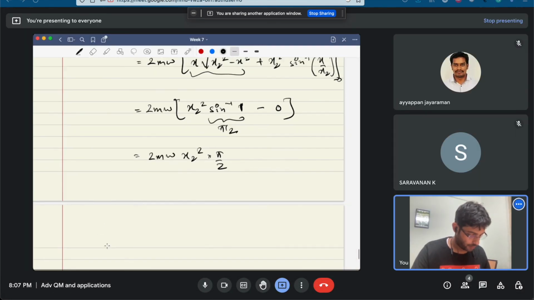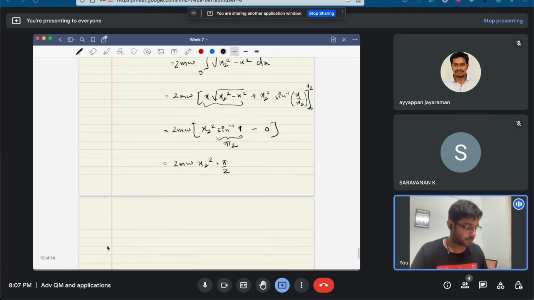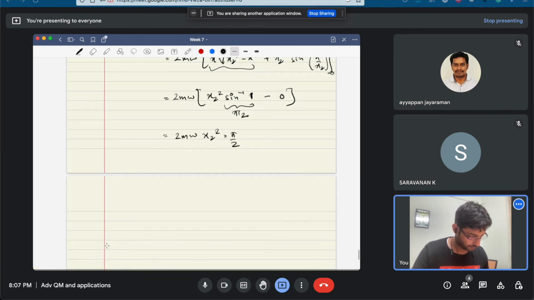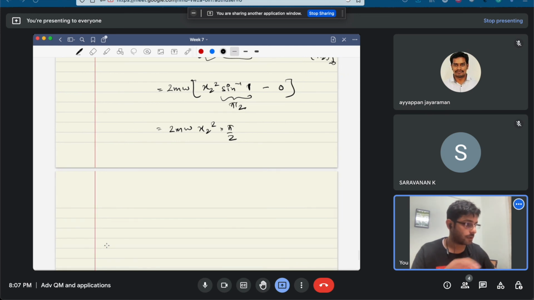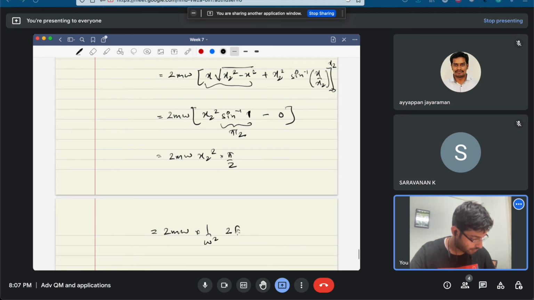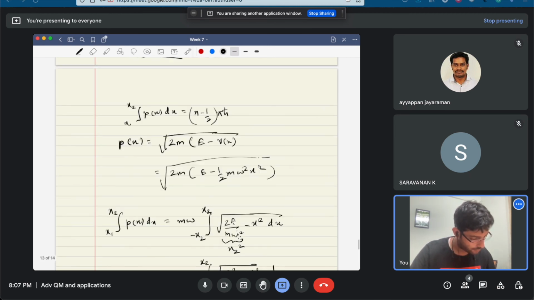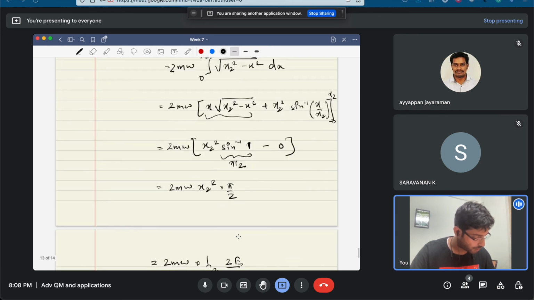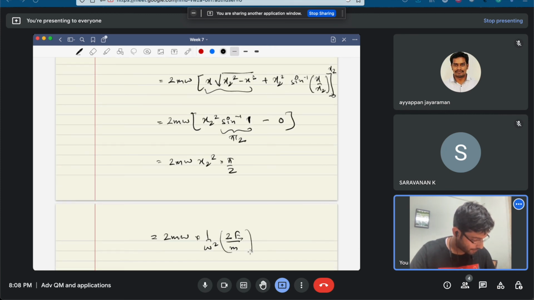Okay, now you put in the values, that is 2m omega square, you have 1 by omega square, and x2 square was 2E by m, into pi by 2.